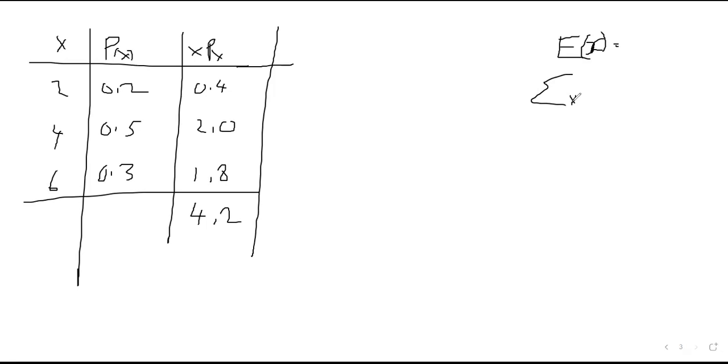That is summation of X, and summation of X alone is never valid here. So the mean will come in 3 ways: it will come as E of X, it will come as mu, or as summation of X times P of X. We just multiply what we multiplied here. So 4.2 is our mean.